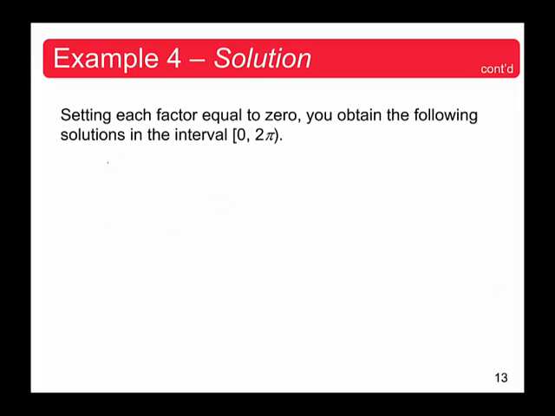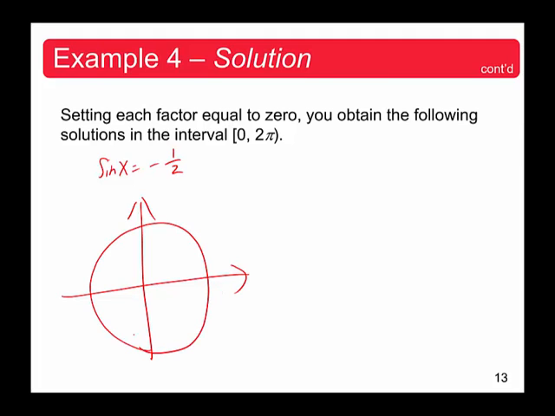Again, sine x equal negative half. So 30 degrees yields negative half, and then this is symmetrical. That means this is 30 degrees. And now, first angle is 180 plus 30, 210 degrees.